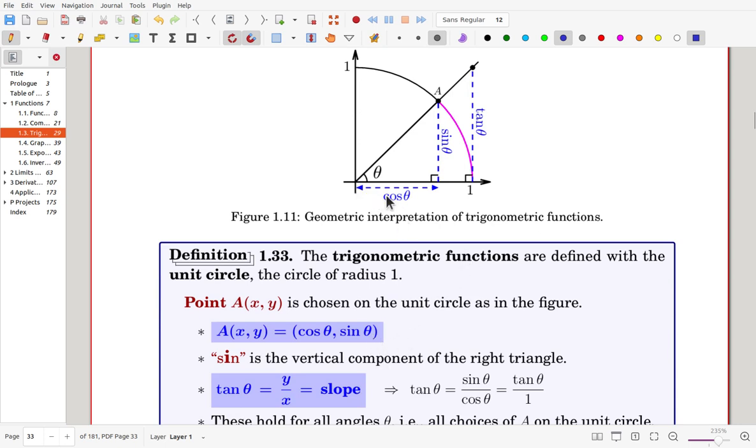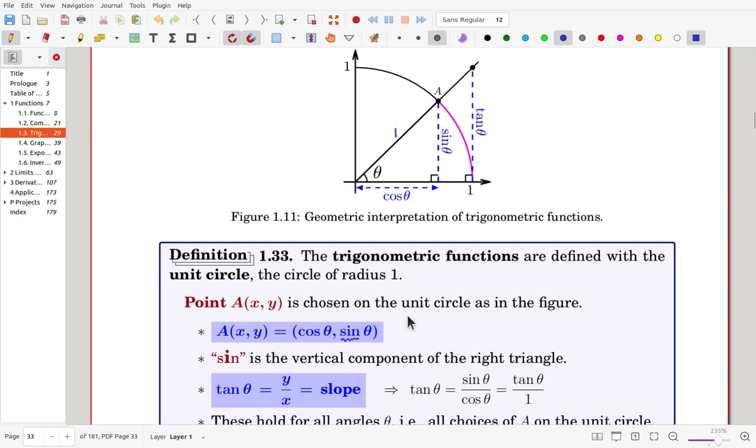Here the x component is cosine theta and the y component is sine theta, and the hypotenuse is 1. That is the geometric interpretation. So cosine is the horizontal component and sine is the vertical component. You can memorize this quite easily: among cos and sin, only sin has the letter I, a vertical letter, so sine represents vertical components.